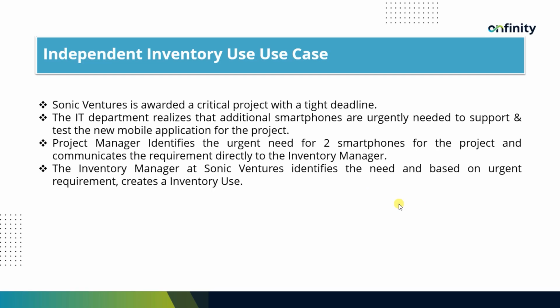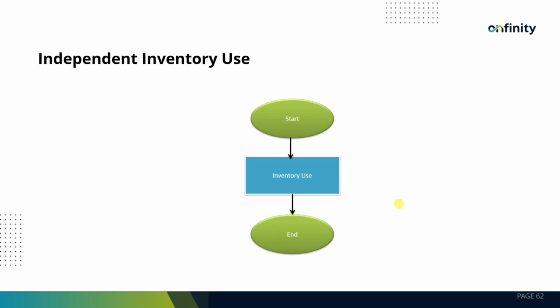The project manager identifies the urgent need for 2 smartphones for the project and communicates the requirement directly to the inventory manager. The inventory manager at Sonic Ventures identifies the need and, based on the urgent requirement, creates an inventory use.